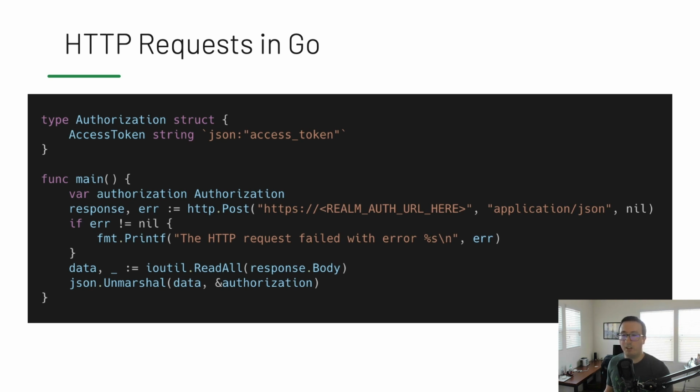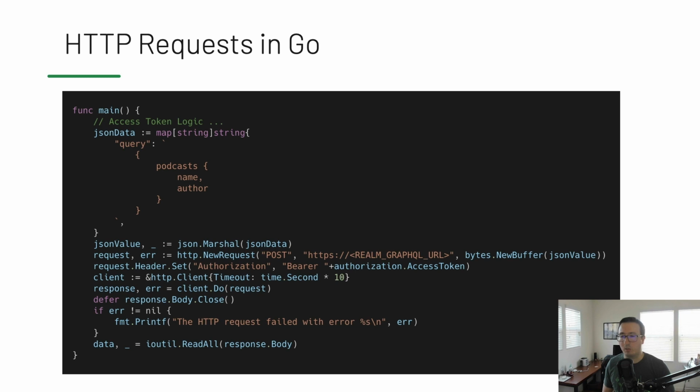You will need to have been authenticated in order to use it. So we do a POST request to the Realm API, what's provided to you when you create your application, get that access token and store it. We're going to unmarshal it into our data structure, and then we might want to use it on the next request.